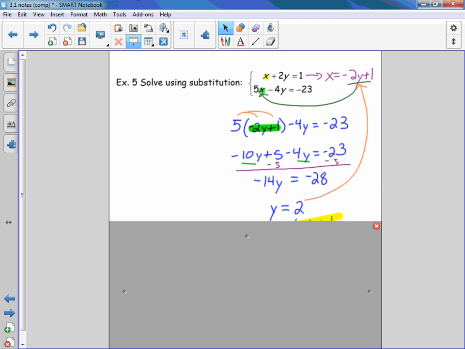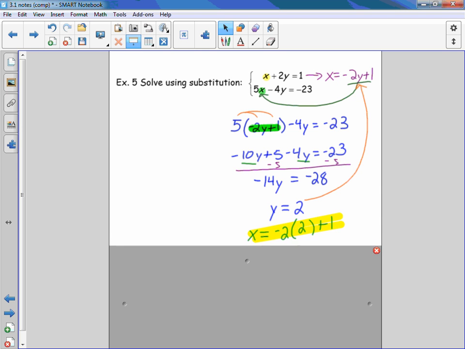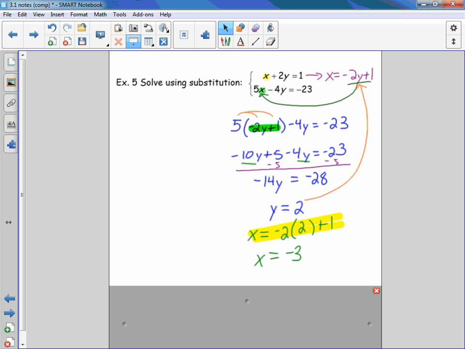So if we plug that 2 in, we would have -2 times our value of y now of 2 plus 1. And if we simplify that, we get x equals -3. So the solution for our system would be (-3, 2). If we were to graph both of those lines, they would intersect at that point, (-3, 2). Make sure that you list your x value first, your y value second.